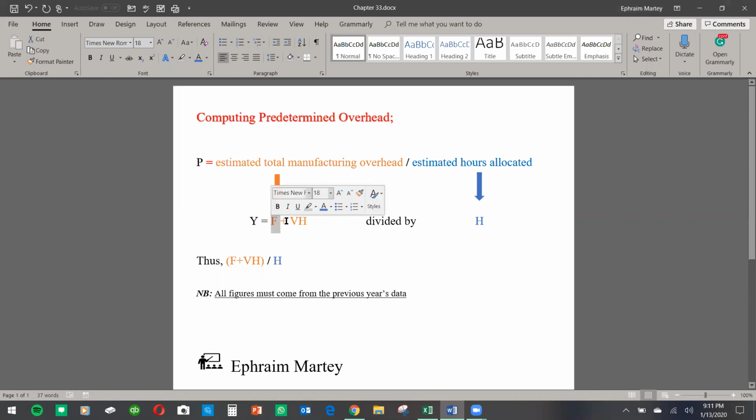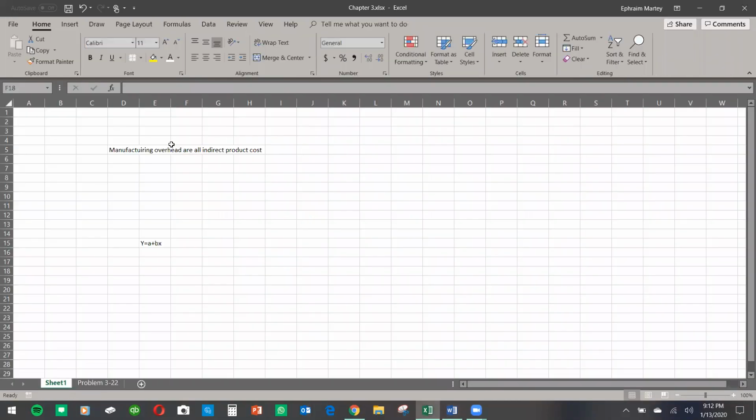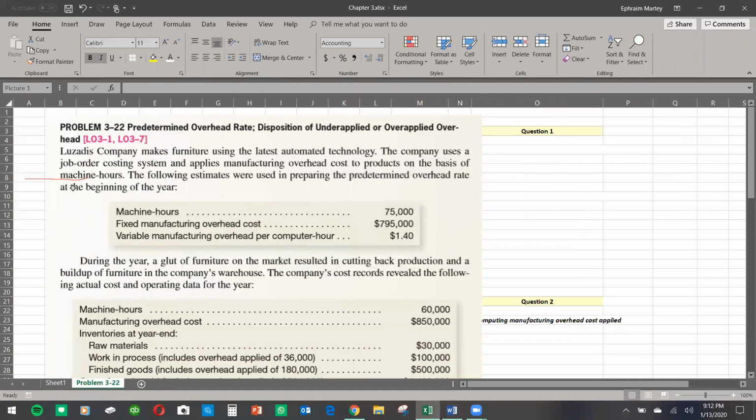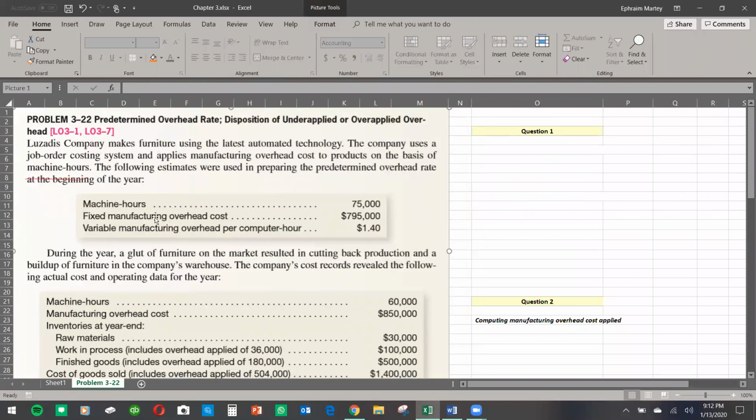F represents the fixed cost, V the variable cost, and H hours. Predetermined overhead is the estimated total manufacturing overhead cost divided by the hours. In a sense, F plus VH divided by H will give you the predetermined overhead. But note, this is for the previous years. That is why we have this company at the beginning of the year.